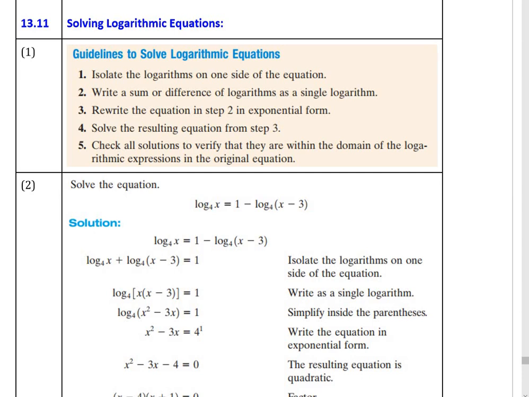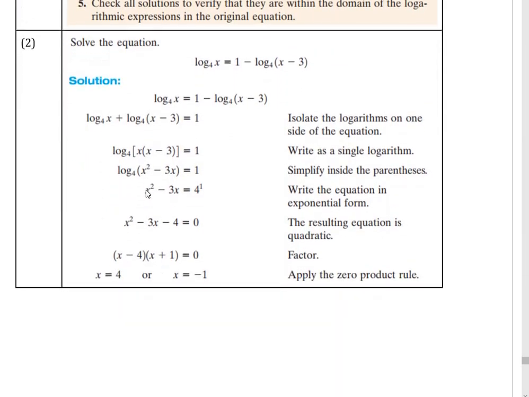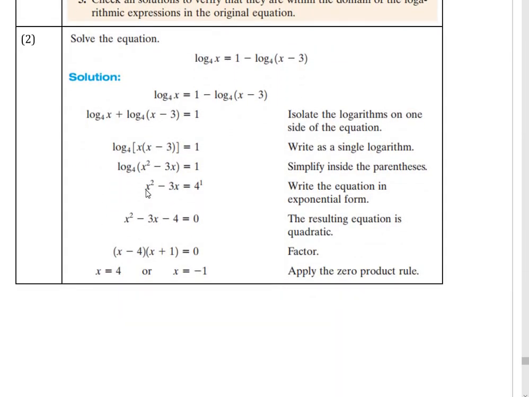Try to isolate the logs on one side of the equation, and then you use your little circle movement. Or you can also do a single log on the left hand side and a single log on the right hand side. It's your choice. So that is why we must be able to write as single logs. Look at the steps there, but let me explain it here in the example, because it's just going to make more sense.